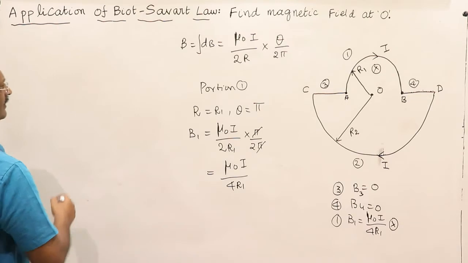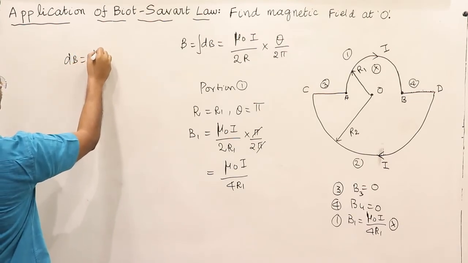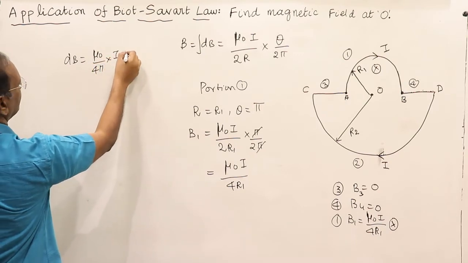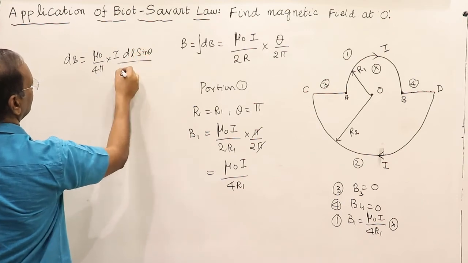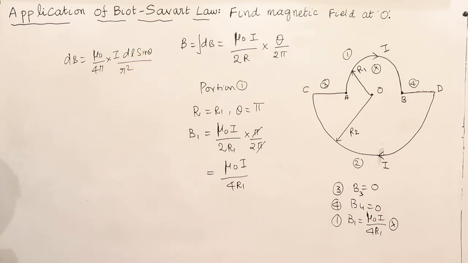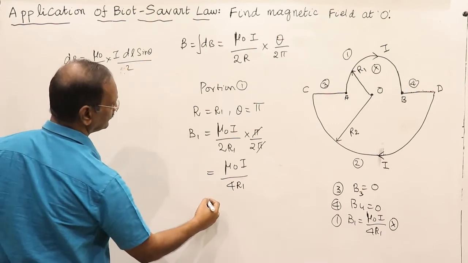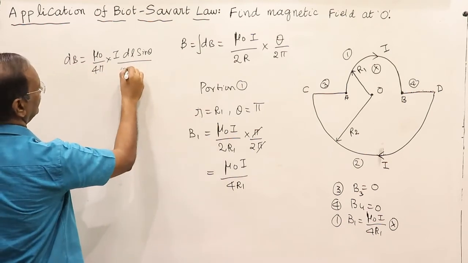This also we have already derived. Since dB is equal to mu naught by 4 pi into I into dl into sin theta by r square. Here r is equal to r1.